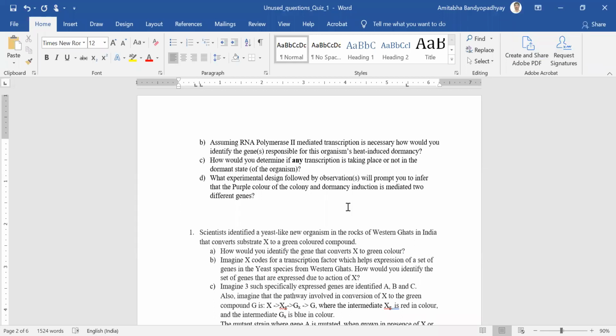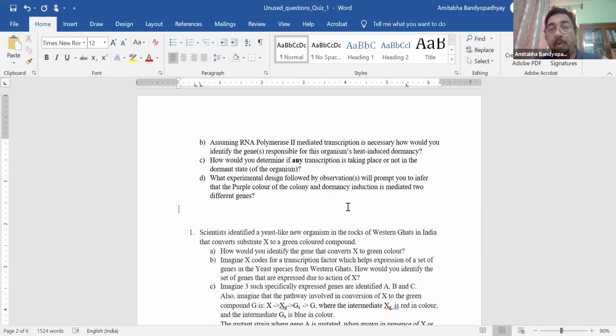Okay. So adding to Subhajit's answer, can't we also use antibodies against the phosphorylated CTD and the unphosphorylated CTD just to visualize at the time point whether the transcription is going on or not? Well, yes and no. You are assuming that the CTD phosphorylation status is quickly turned over.